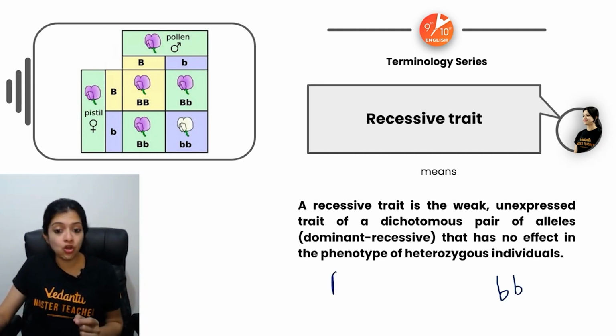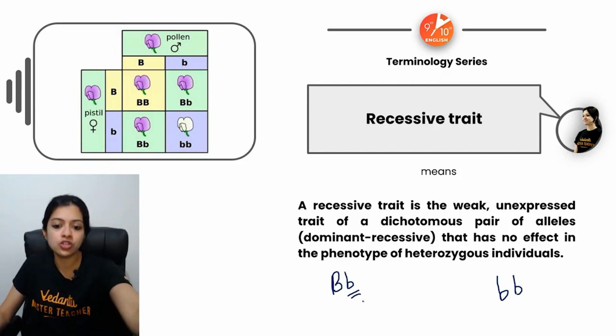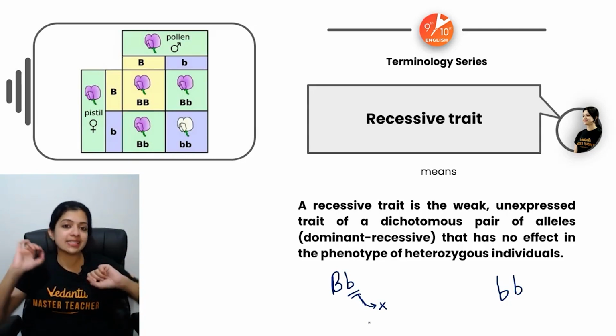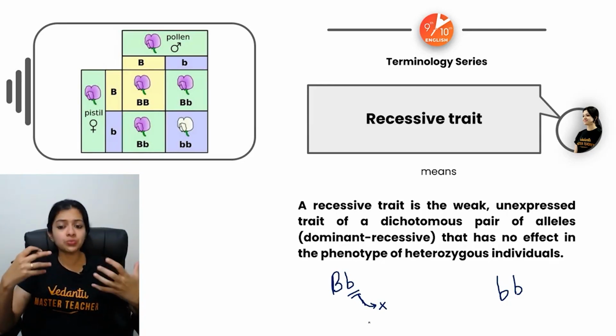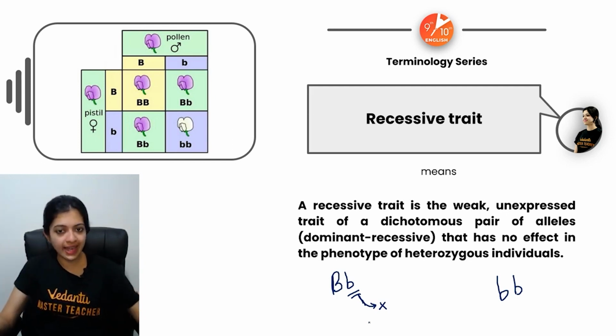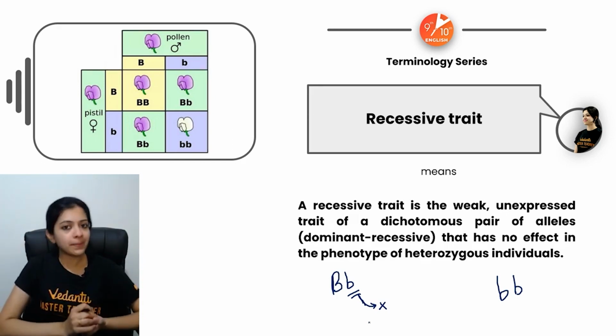In the presence of a dominant allele, it cannot be expressed. This is what we mean by a recessive trait: a trait which does not express itself in the presence of a dominant trait.